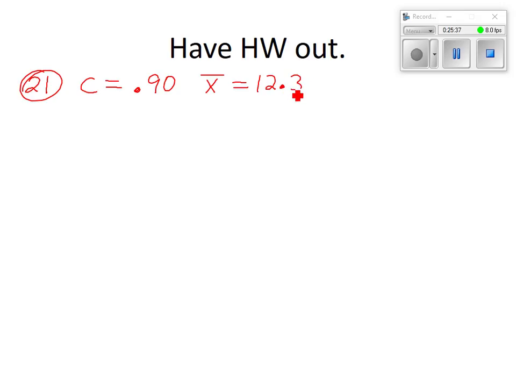Watch closely on this one. I'm going to show you both methods on this. I'll show you how to do it long, just using the chart and math, and then I'll show you how to use your calculator.